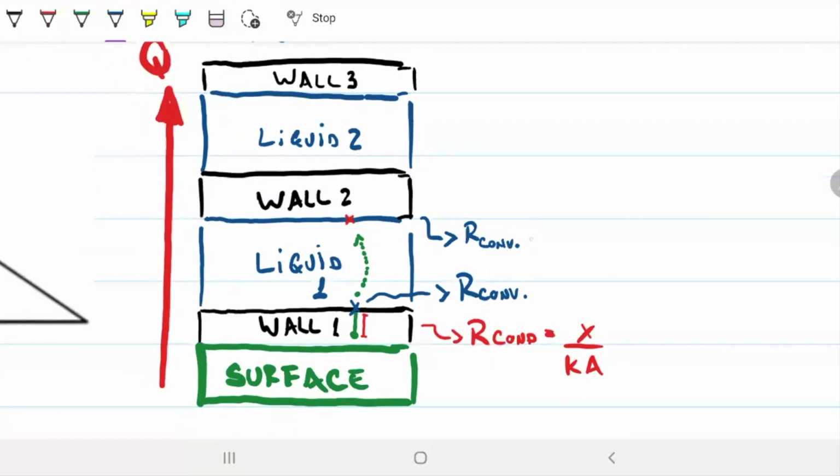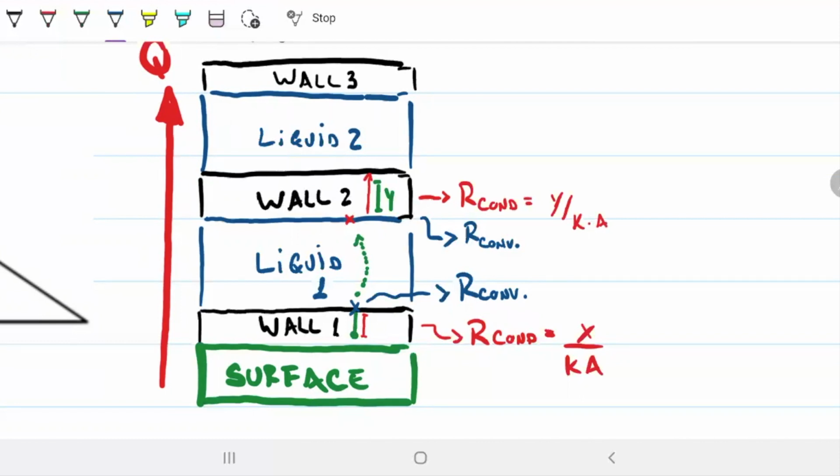However, it's going to be a new convective resistance. Then the same story happens once again. Our heat is going to travel upwards through this wall, and it has to cover this distance, which we can call Y. This distance Y gives us another conduction resistance, Y over K for wall 2 times area.